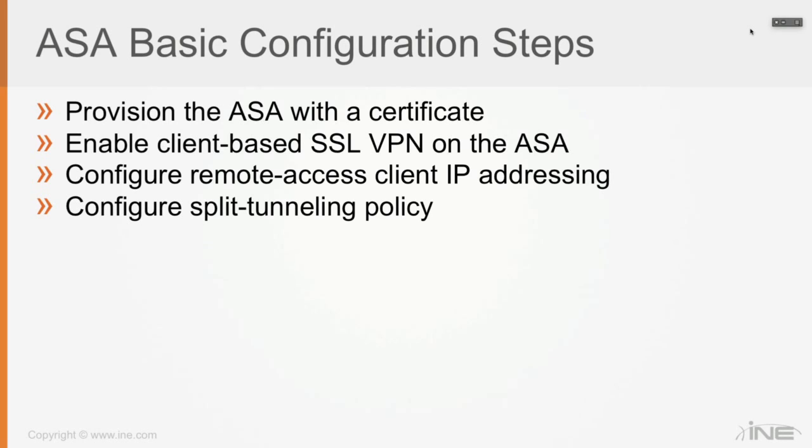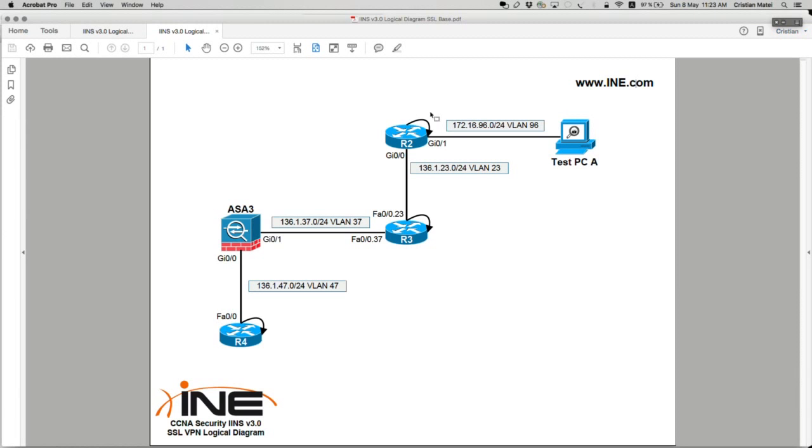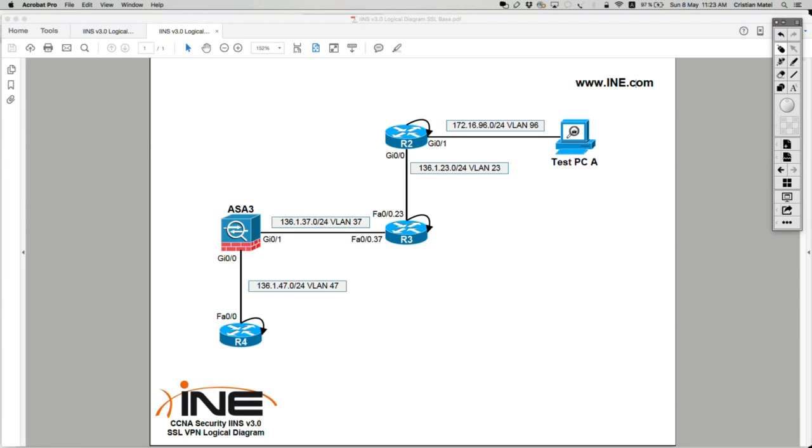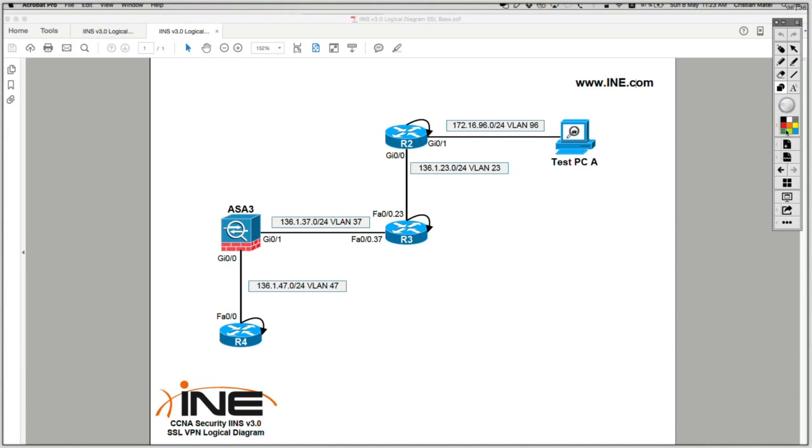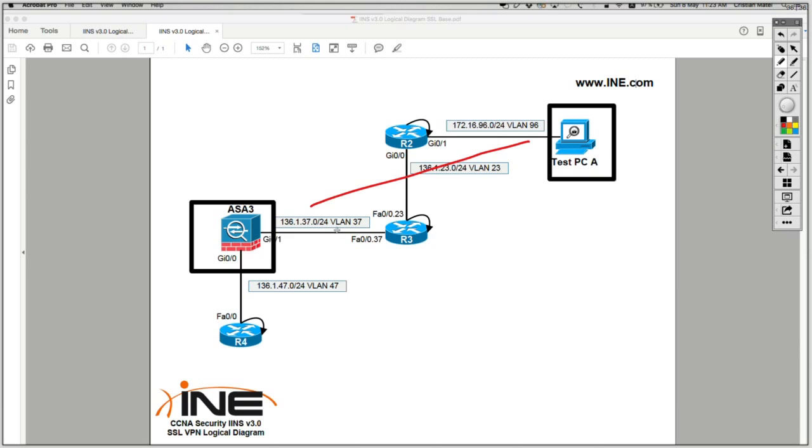Configure split tunneling policy. Like in the case of IPsec remote access VPNs, you have two options: split tunnel all or split tunnel specifically. When the SSL tunnel is being built, split tunneling is exactly what it states. The VPN gateway is going to push over to the client what traffic to send to the SSL VPN tunnel.